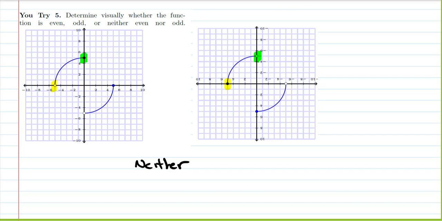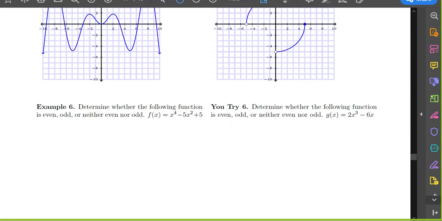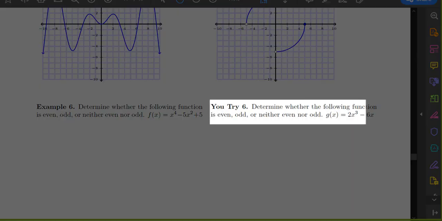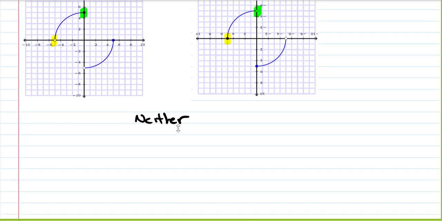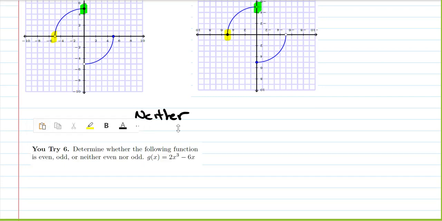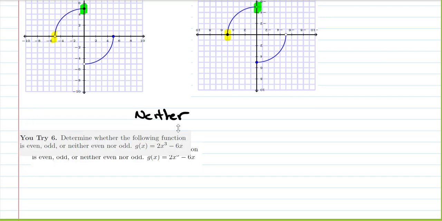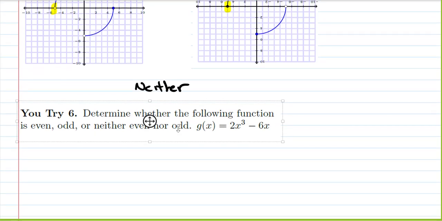Okay, the next part is U-try number 6. And for this one, we're going to want to just draw a picture with our graphing device.